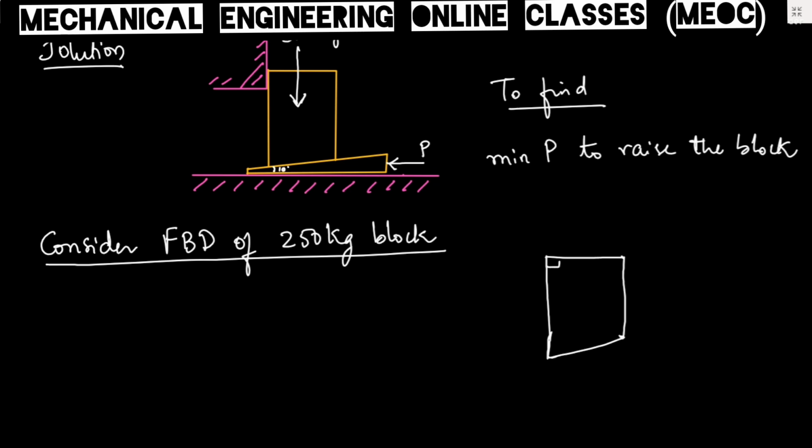These are all perpendicular only, but here there is a tilt. This is given as 10 degrees, so we have to maintain that, otherwise the normal reaction force direction will change. So therefore I am drawing the block as it is.